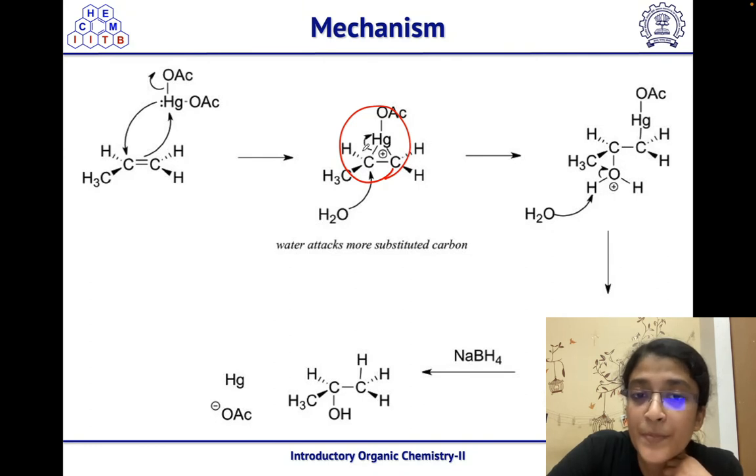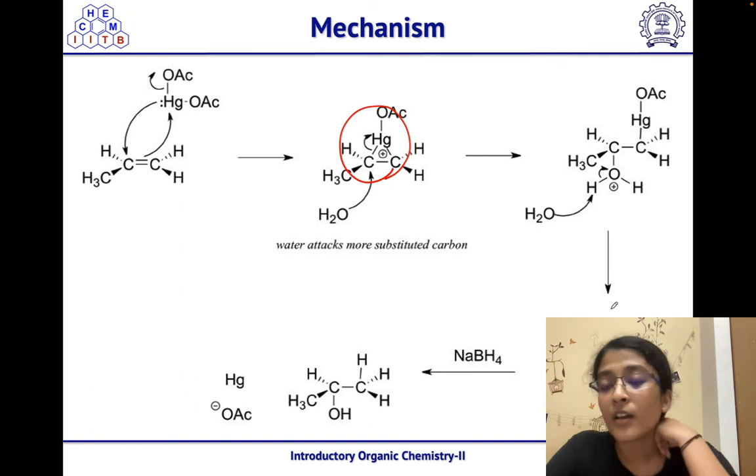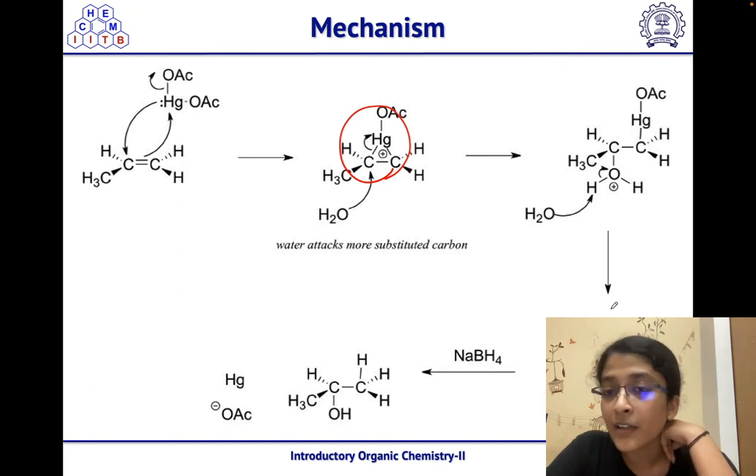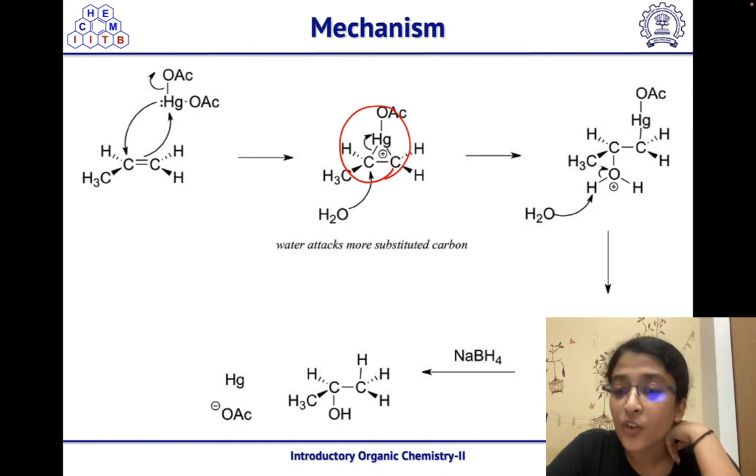So this is the more substituted side. Water will attack on the more substituted side. It will lead to formation of this intermediate. Clear, right? Yes, ma'am. And it will lead to formation of this. Here this proton from the water will be abstracted by another water molecule, and it will lead to this product.